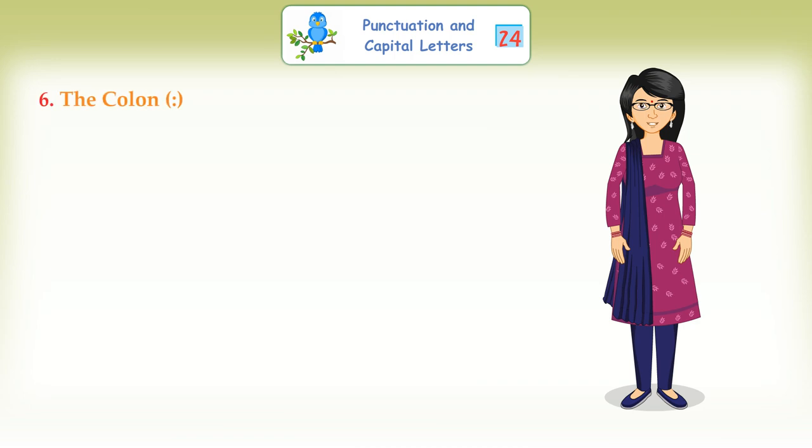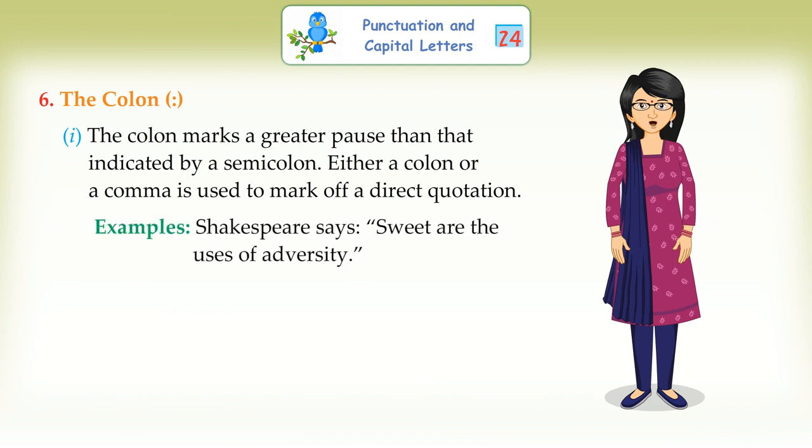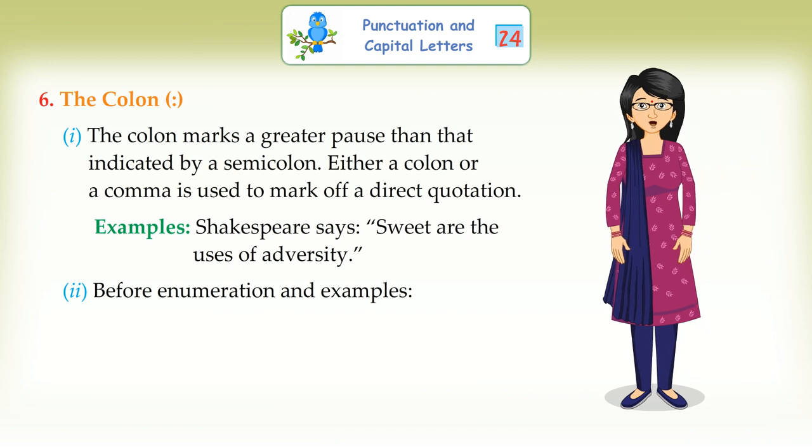The colon. The colon marks a greater pause than that indicated by a semicolon. Either a colon or a comma is used to mark off a direct quotation. Example: Shakespeare says, "Sweet are the uses of adversity." Also before enumerations and examples.